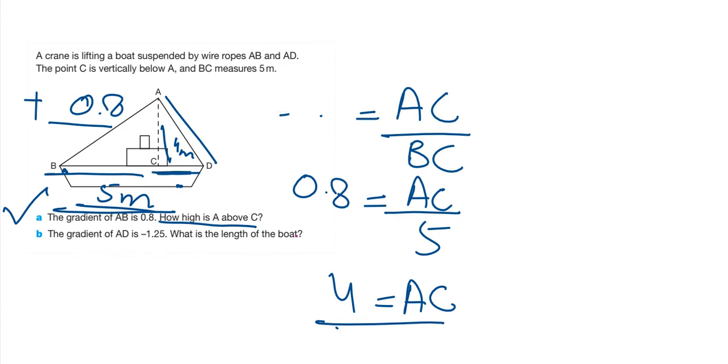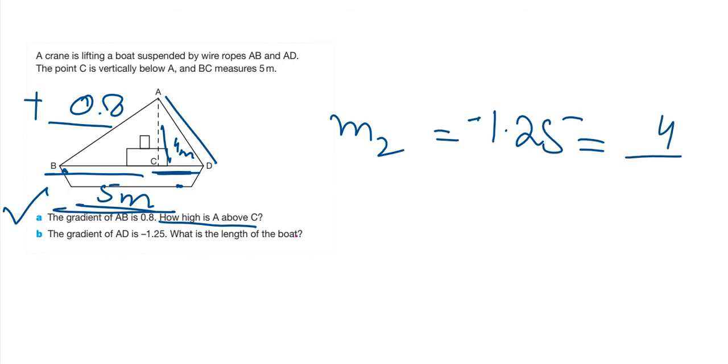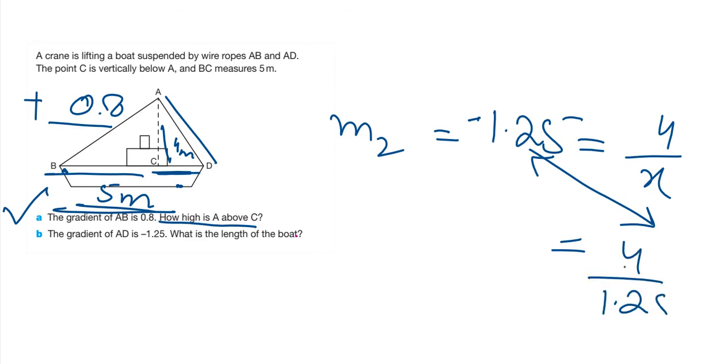Alright, so now you have the length, you have the slope over here, and you can easily find the CD value. So that way you can write m2 equals negative 1.25, and if you miss that negative, that's also fine. For our x, we just need to change the arrangement. For 1.25x, we need to find the x value.